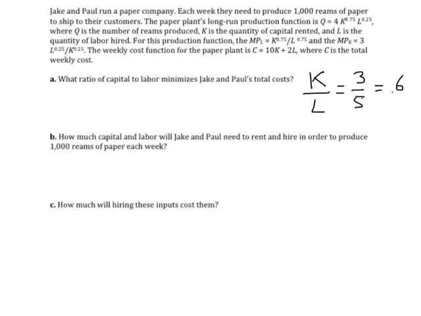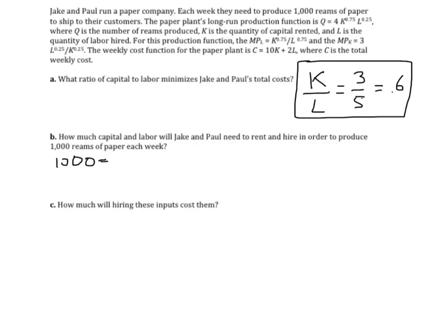How much capital and labor will Jake and Paul need to rent and hire in order to produce 1,000 reams of paper each week? Well, we remember we have an isoquant, and now we know the ratio in which capital and labor must be employed.